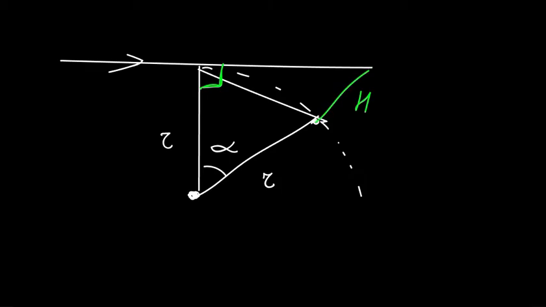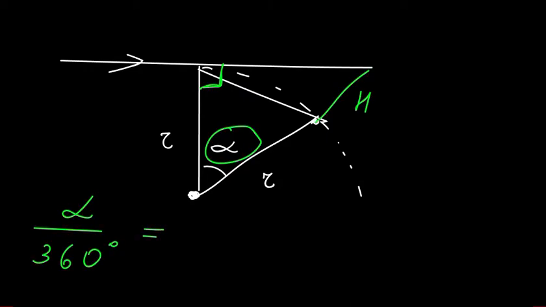So what we need to do, firstly, is calculate this angle. We want to know how much the Earth rotated. So alpha divided by 360 degrees is the same thing as our fraction of time divided by the whole 24 hours, or the whole day, because as you can see, this is a proportion.